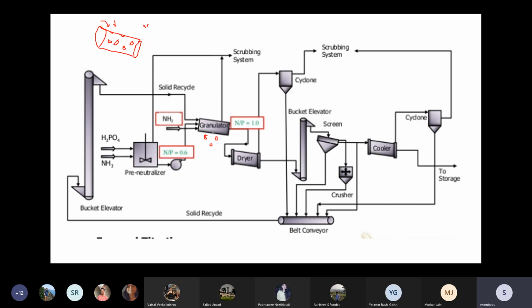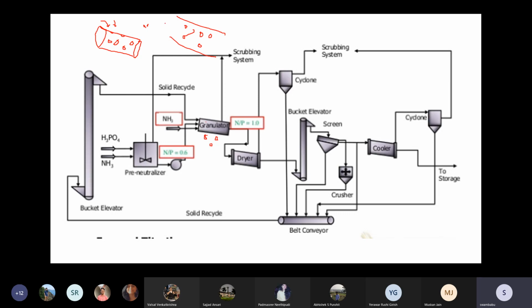Because of that heat transfer, some solidification of this slurry happens. This is the drum. The slurry droplets are falling. It is hot, not very hot, just hot.